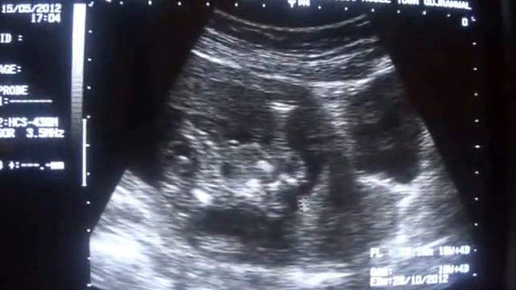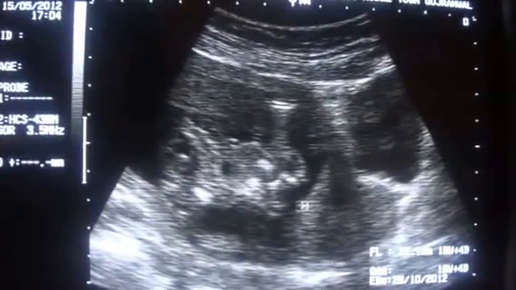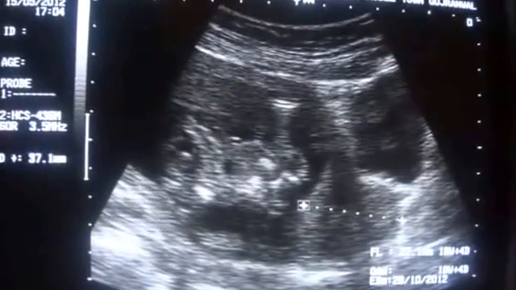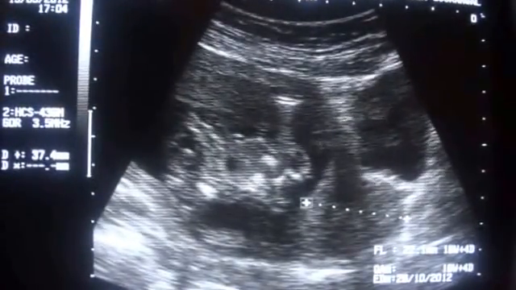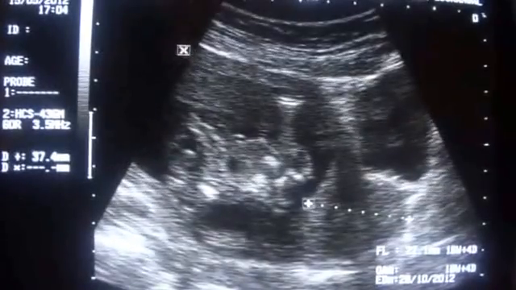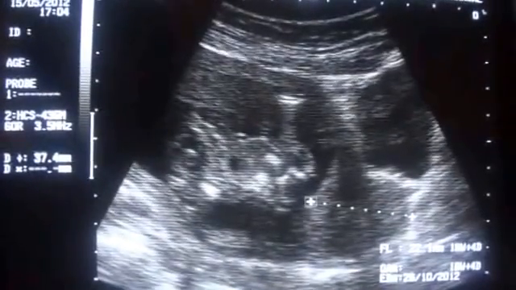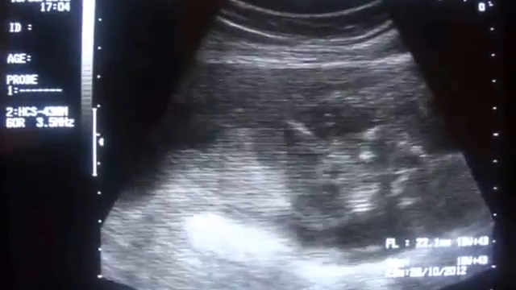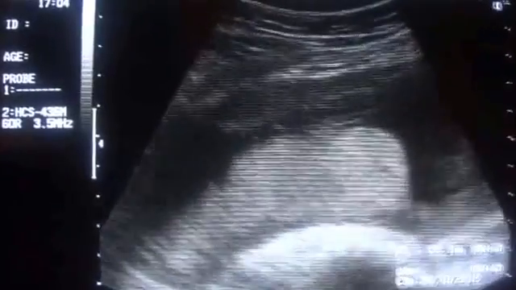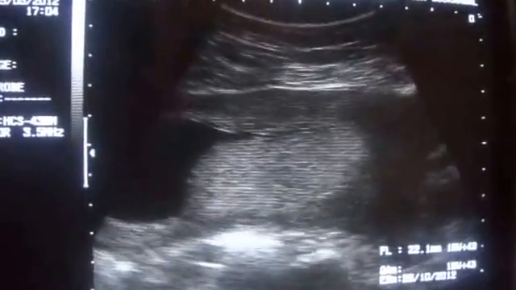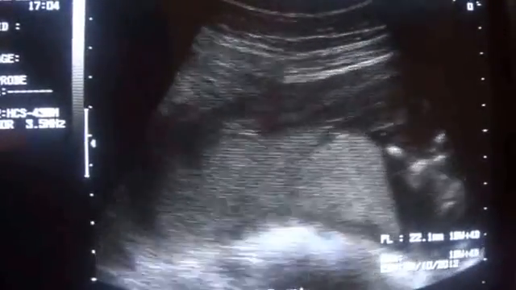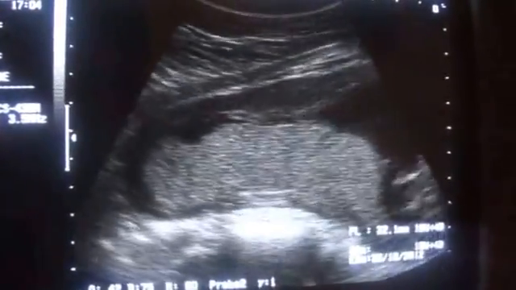This is the cervix of the uterus, and the cervix measures 3.7. This is the urinary bladder, this is the amniotic fluid, this is the uterus, this is the fetus. So the placenta is posterior wall, grade 2. There is no evidence of any placental anomaly.